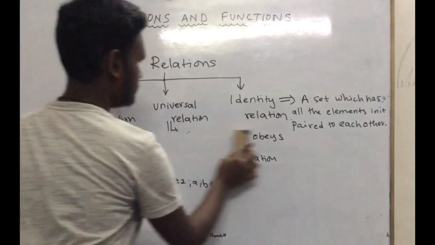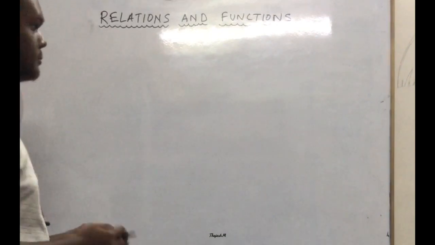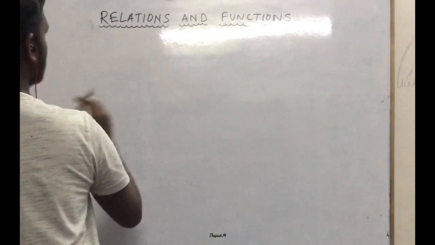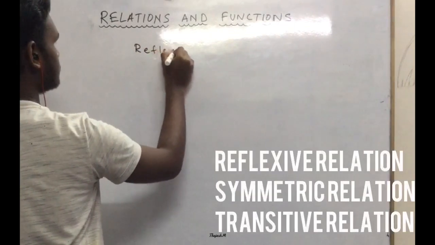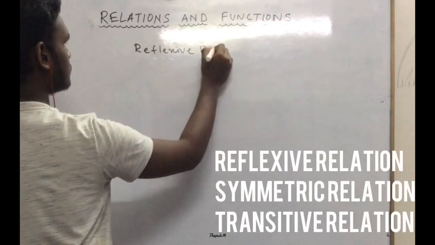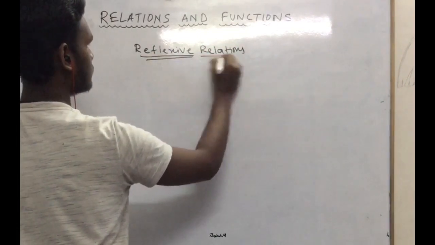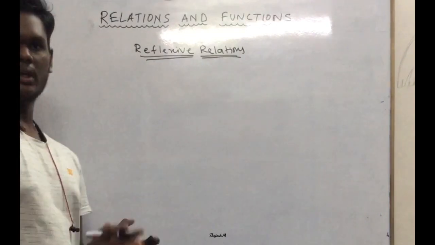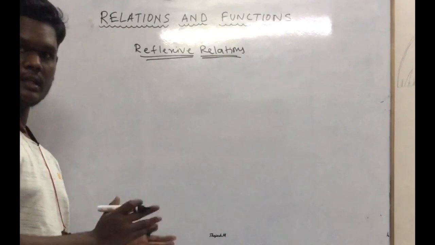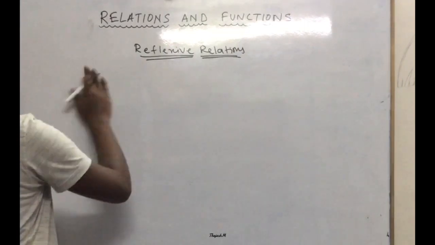So next comes other relations: reflexive, symmetric, and transitive relation. So let's see what are those. Let's come to reflexive relations. So reflexive relations are those sets which contain an identity set and other elements or other sets also.